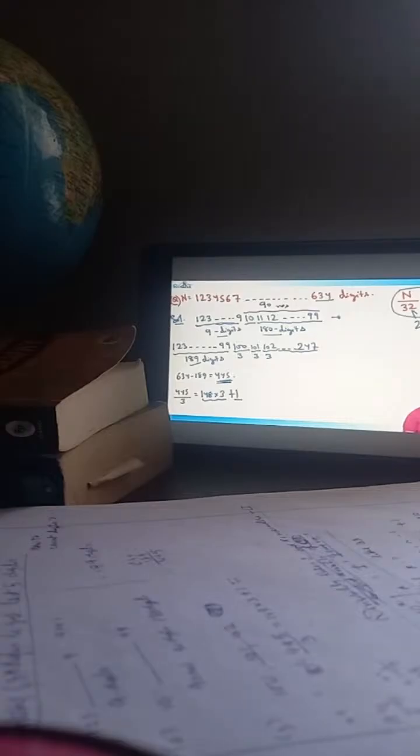So this will count for total 148 into 3, total 444 digits it counted. So we are left with only one now.